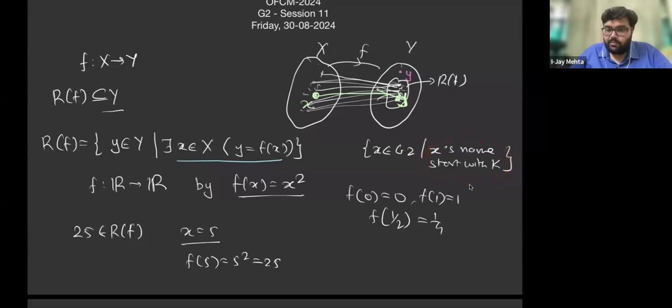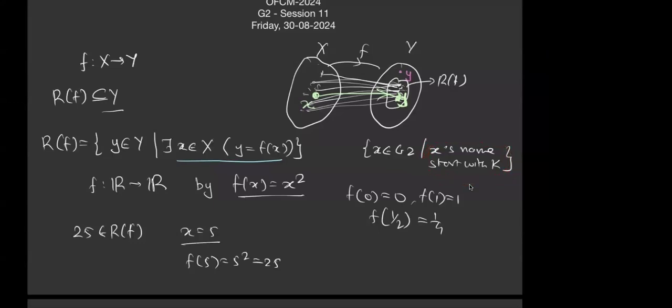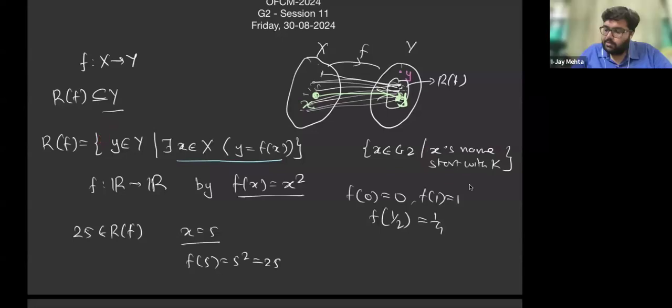Is it clear, Kundan? Yes, sir. So we don't put any quantifier here. It's a subset of y, so we start with y in y for which this is true. We are not just considering only one y; we consider all, but we do not put a quantifier. This is the way we write it.